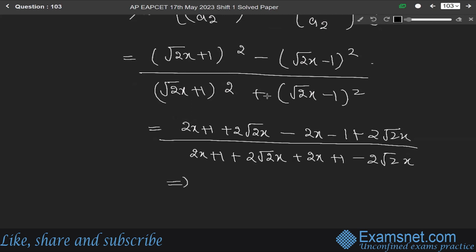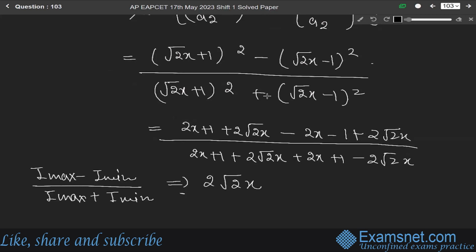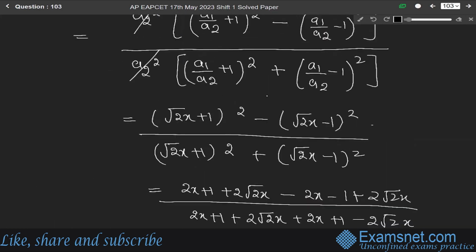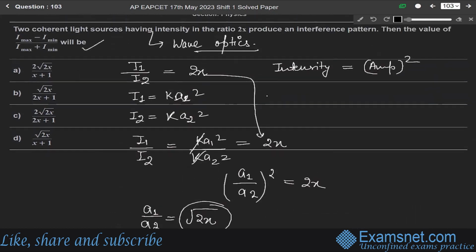So solving it, we get (I max minus I minimum) over (I max plus I minimum) is equal to 2 root 2x over 2x plus 1. This is our final answer. So from the given options, option C, that is 2 root 2x over 2x plus 1, is the correct answer.